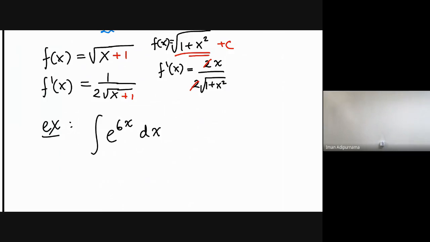If you have e to the 6x dx, what is the result of the integration? I think e is not too difficult, right? If you differentiate e to the x, it's still e to the x. For e to the 2x, it will be 2 times e to the 2x.